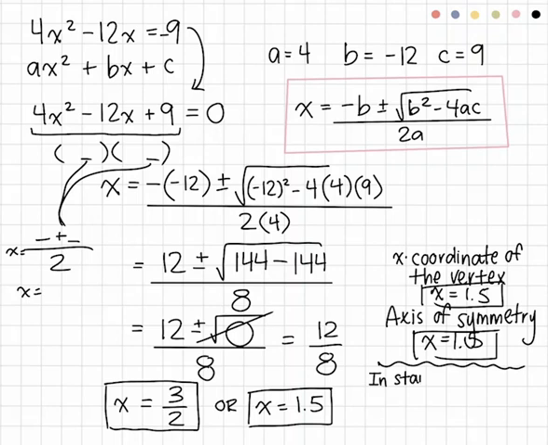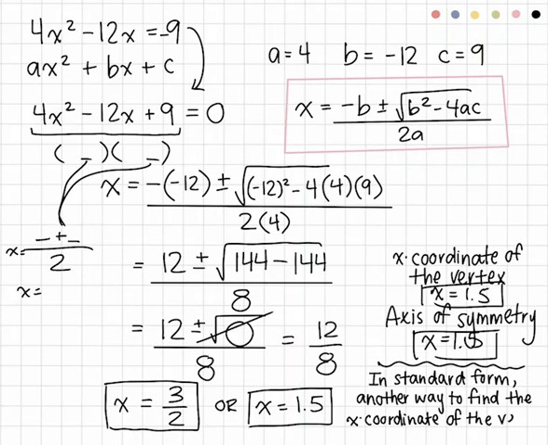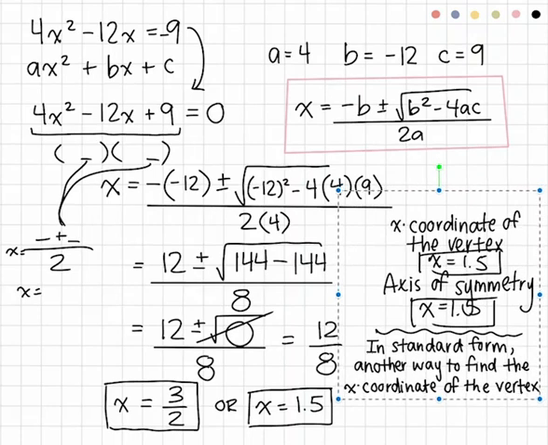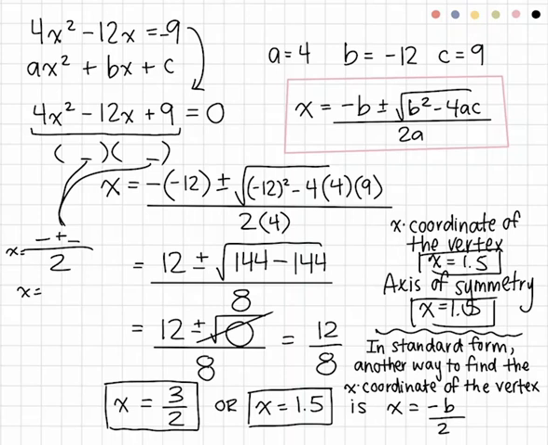So in standard form, another way to find the x-coordinate of the vertex is x equals negative b divided by 2a.